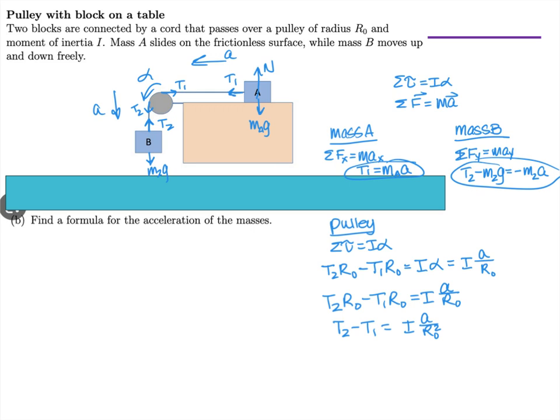And now I'm going to use these two expressions to substitute in for T2 and T1. For T2, I have M2G minus M2A. For T1, I have just minus, sorry, I wrote 2.